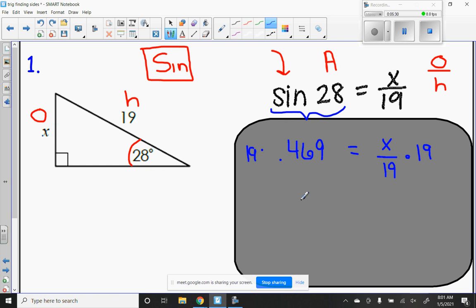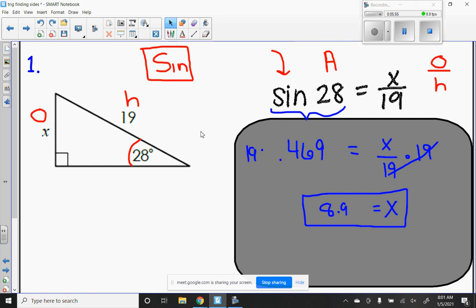So in my calculator, I'm just going to take 0.469 times 19, and we will be finished. So my answer is right around 8.9. And in trig, when we're doing these problems, I would say 9 out of 10 times it's going to be a decimal.